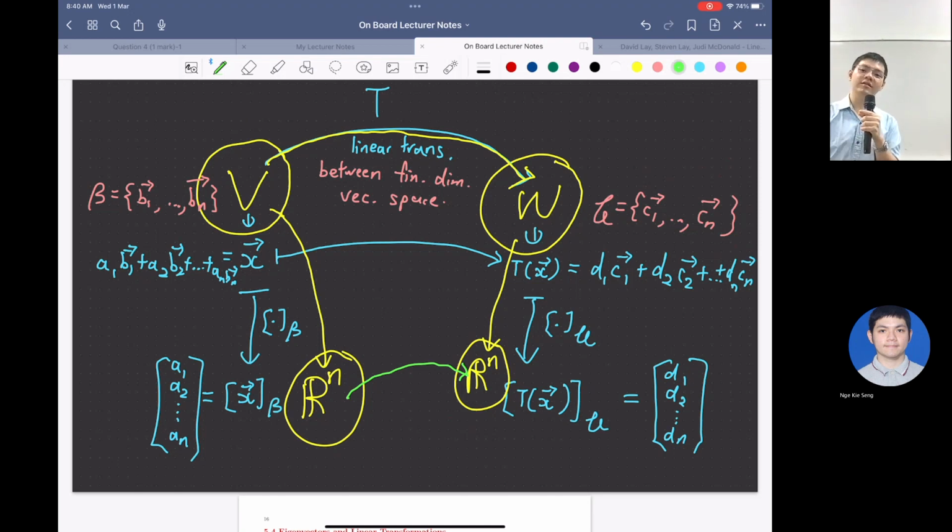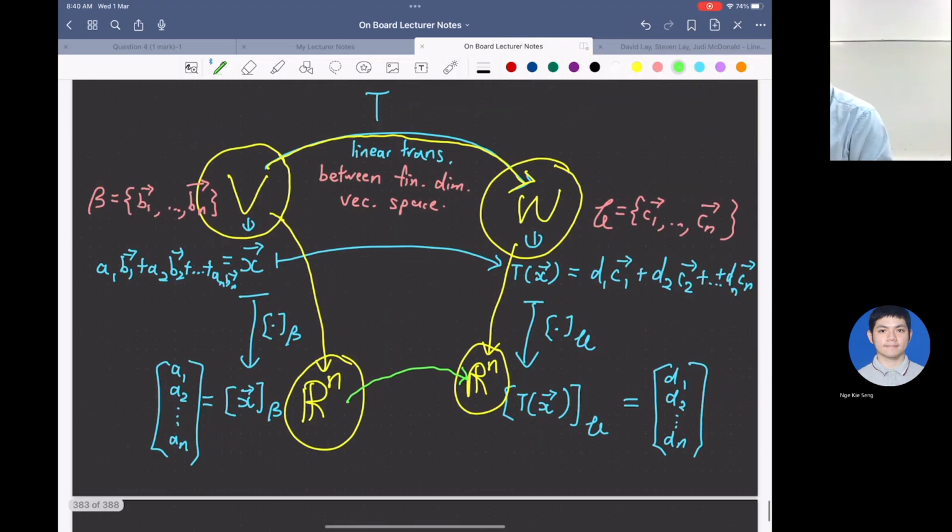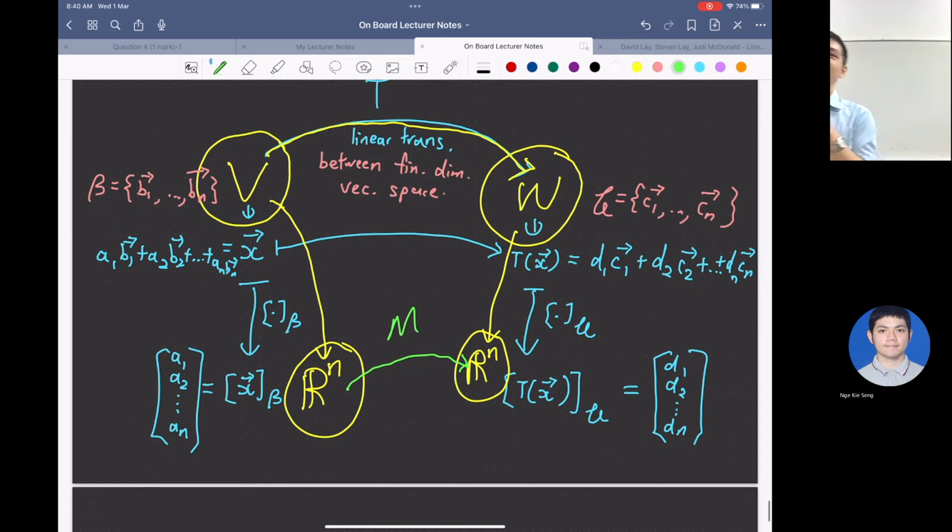Can we complete this bridge here? Change of basis? Not so fast. So can we find a map like this? Let's call it M, because it's a mystery.